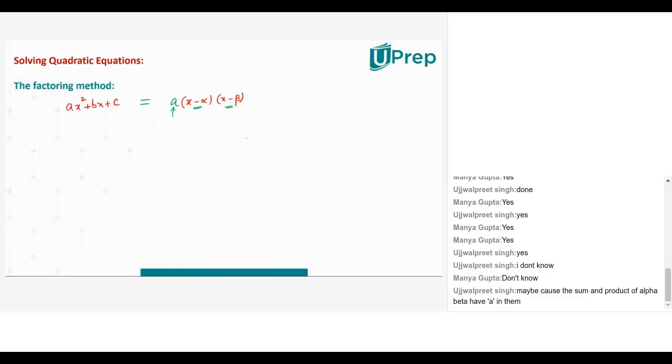Okay, I'll suggest. It will be more clear if I use numericals. Then you'll automatically understand what I'm talking about. So suppose I have something like 3x square plus 7x minus 6.